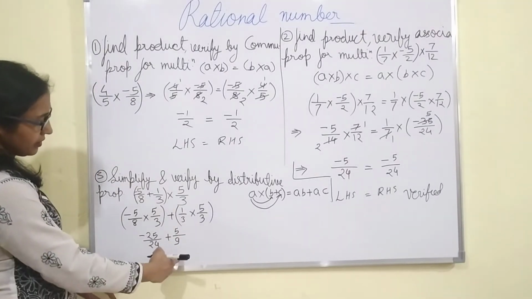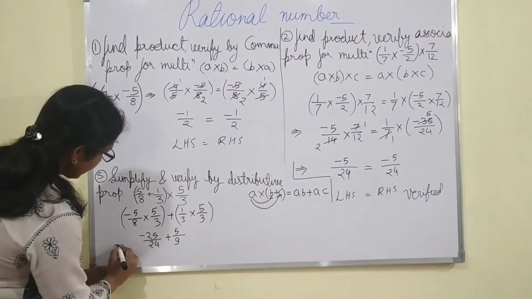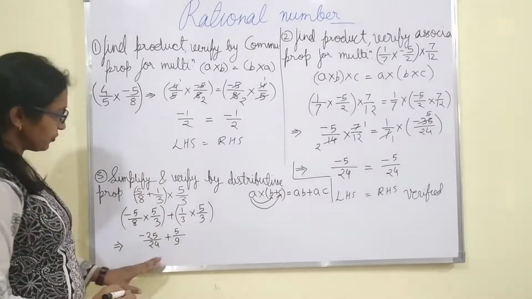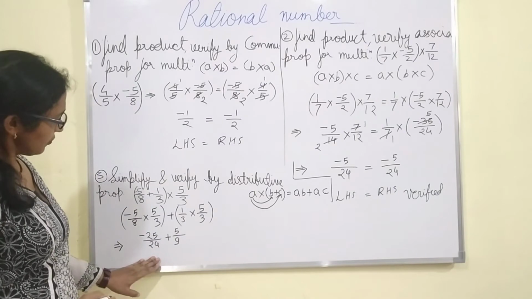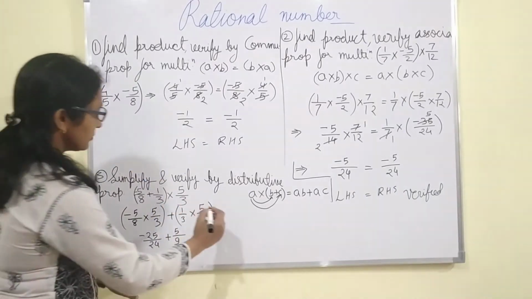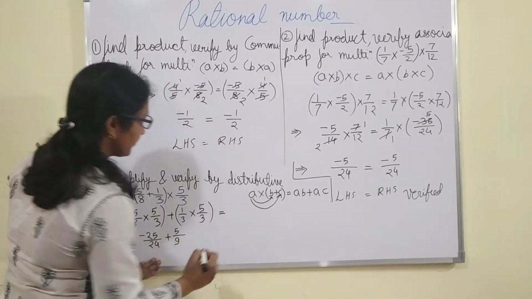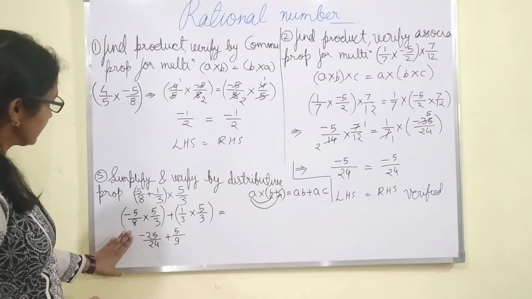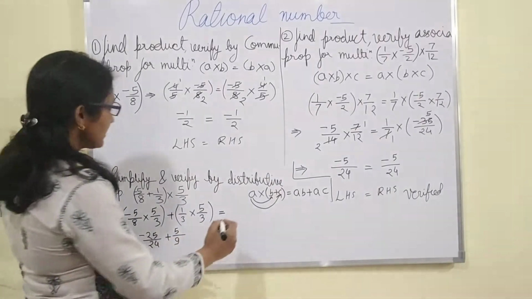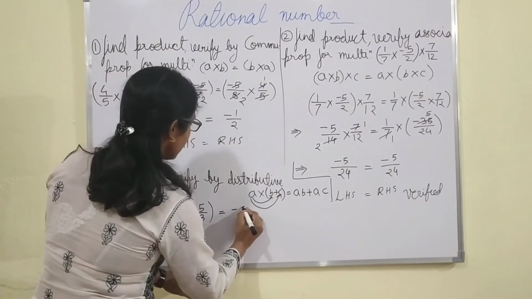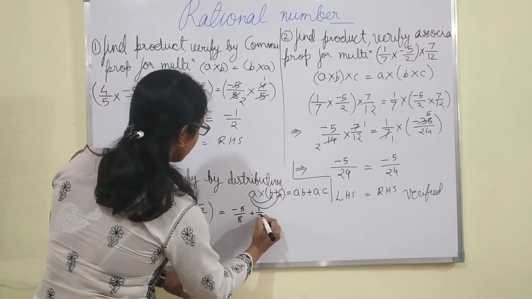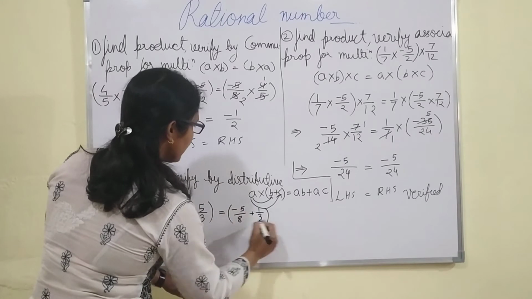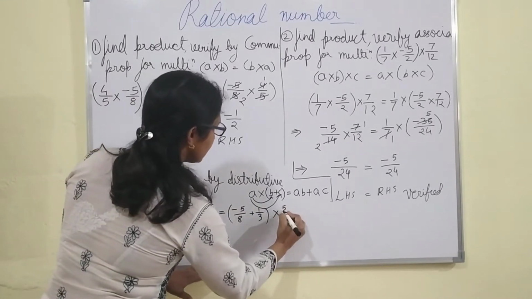Okay. Now the next step will be, I hope you can solve it. So okay, it is LHS. Now RHS will be minus 5 upon 8 plus 1 upon 3, and first we will solve the bracket.